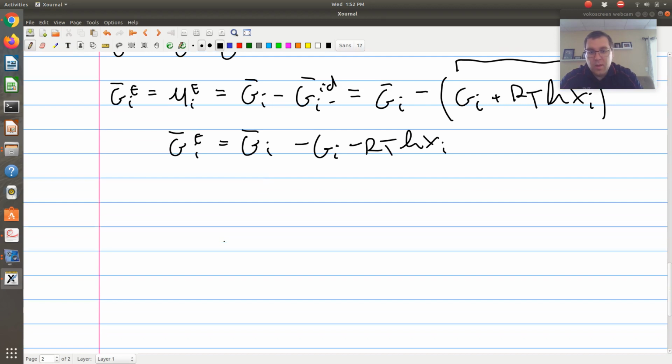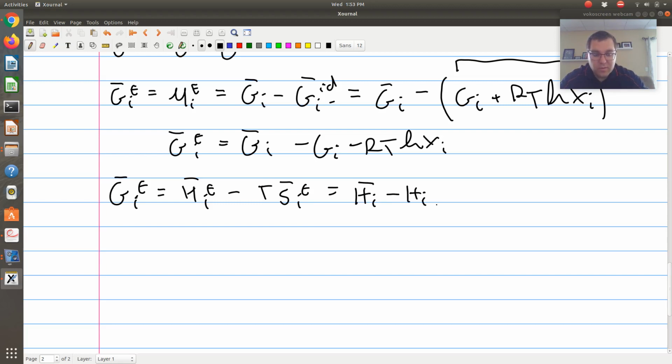Which also brings us to, you could get this same result by looking at definitions of fugacity, playing with fugacities, but that'll come about later. The other way we had just said is G bar iE would be H bar iE minus T S bar iE. H bar iE is my actual partial molar enthalpy relative to that of an ideal solution.